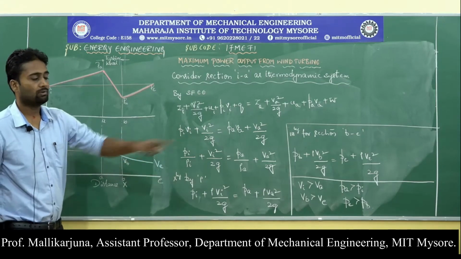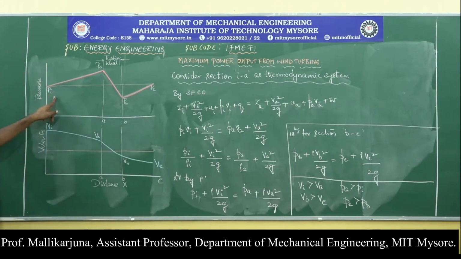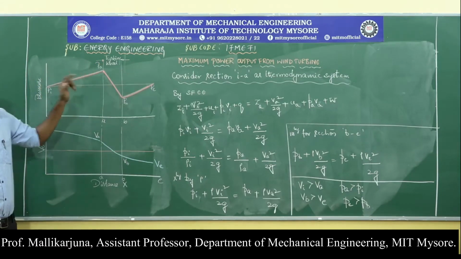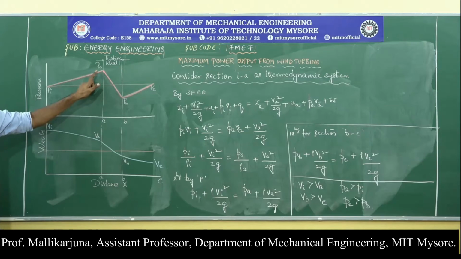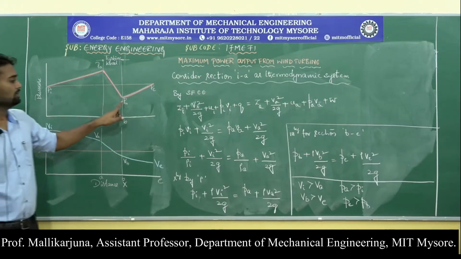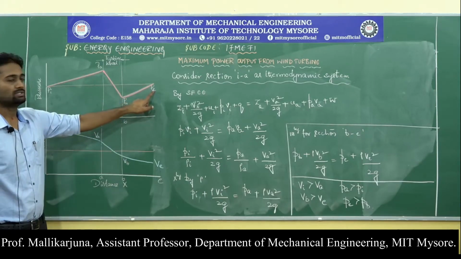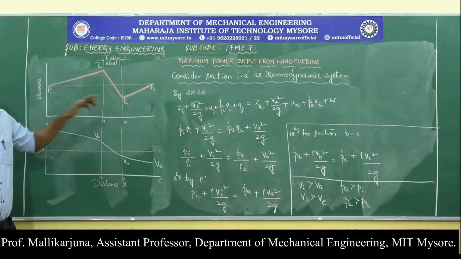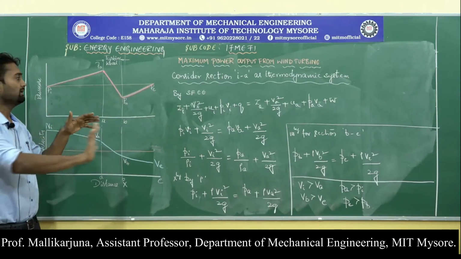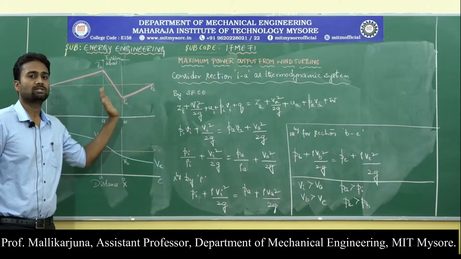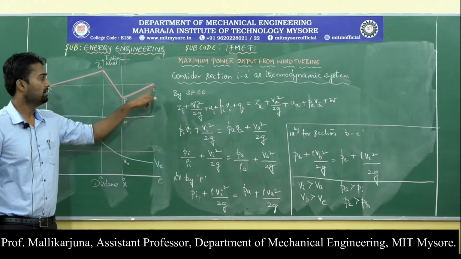In the same fashion, if you look at the pressure curve here, the pressure Pa is higher when compared to that of Pi, because as soon as the wind moves towards the turbine wheel, the pressure starts to build up. In the same fashion, Pe is greater than Pb, because once the air is leaving the turbine wheel, its pressure rises up to the atmosphere.